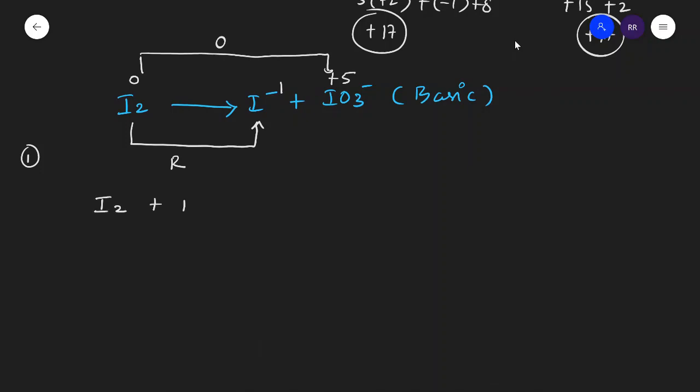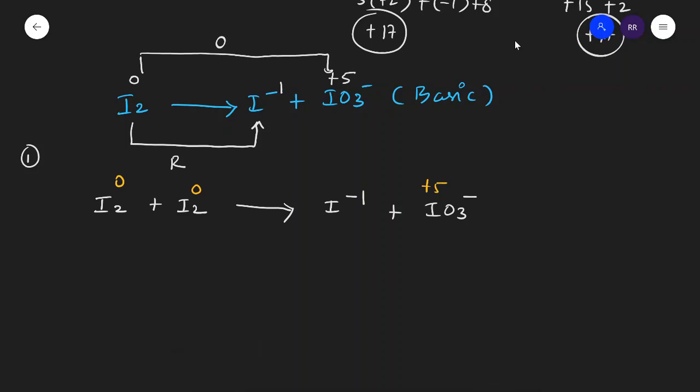So to make it simple, better to write the equation like this: I2, and I am taking I minus and IO3 minus. So here first we have to write the oxidation states: 0, 0, -1, +5.